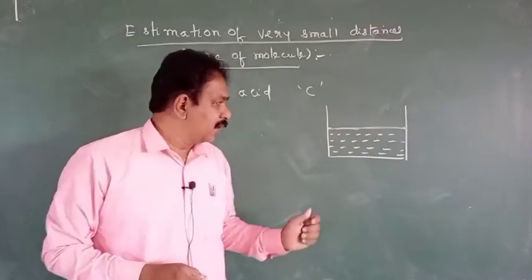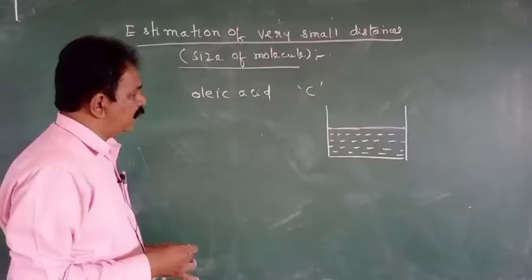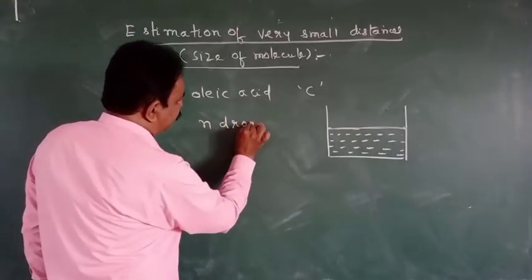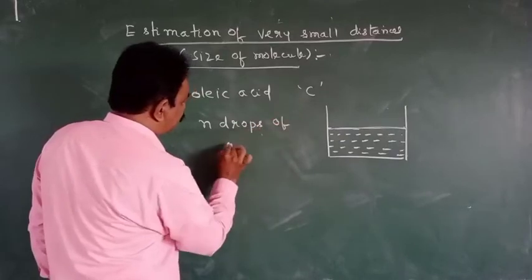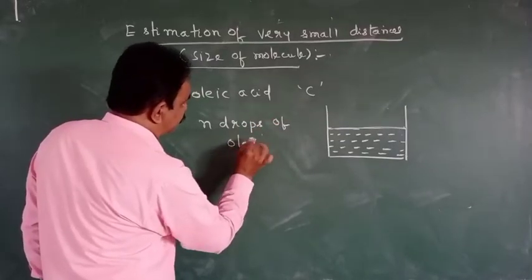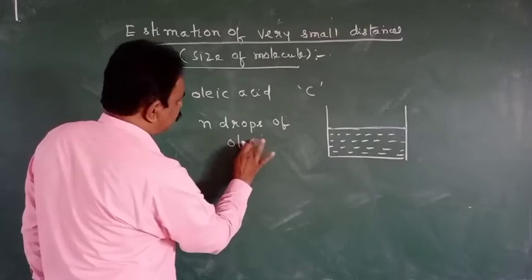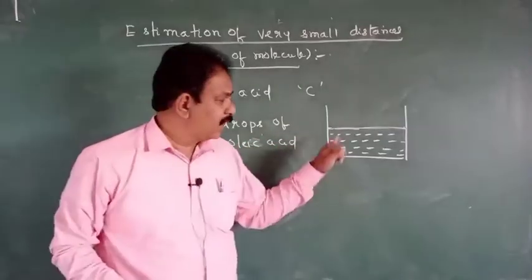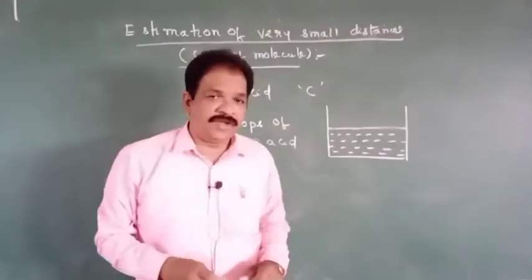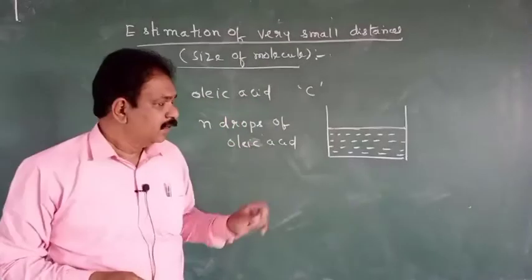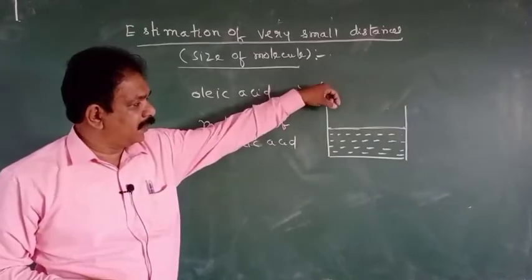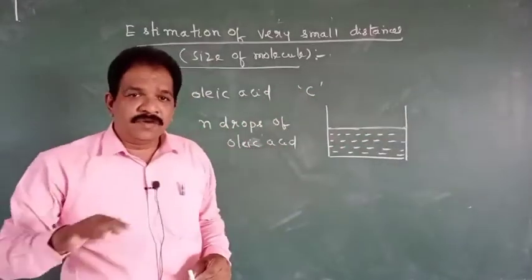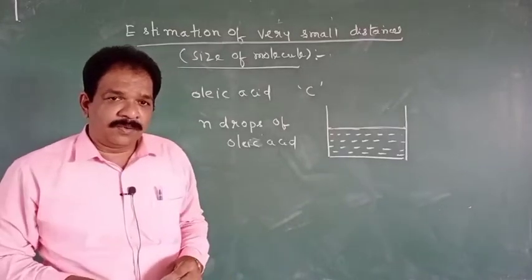Understanding? Now, what we had to do is, n drops of oleic acid are poured on this charcoal surface. Point is clear? Using a spray, n drops of oleic acid will be sprayed on that charcoal powder.